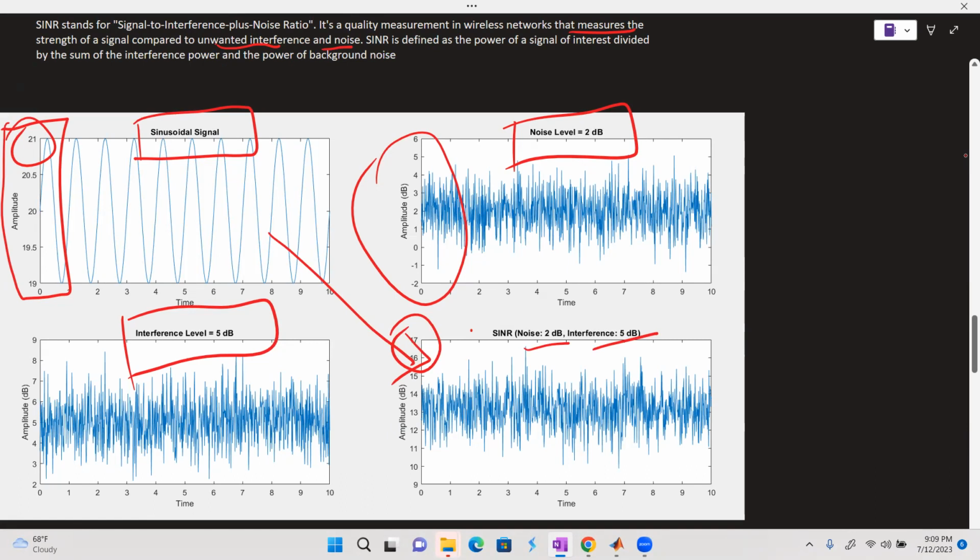Now it's very easy to understand because we're comparing multiple quantities, we use dB, and we have SINR. It's nothing but your signal divided by interference plus noise. That is SINR for you.